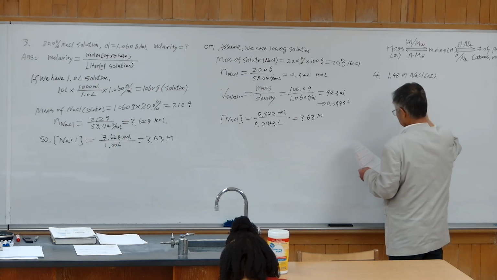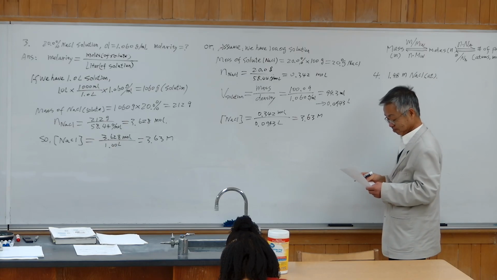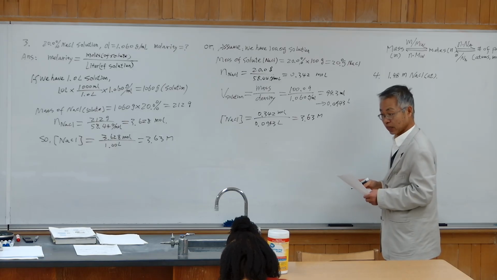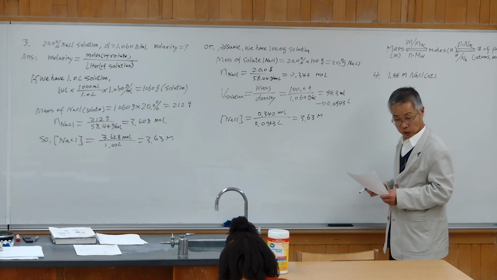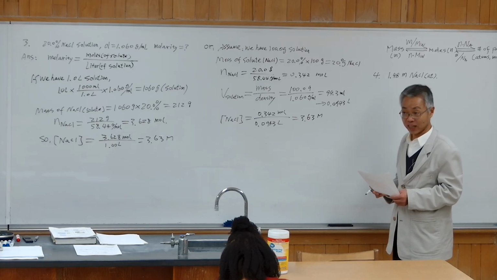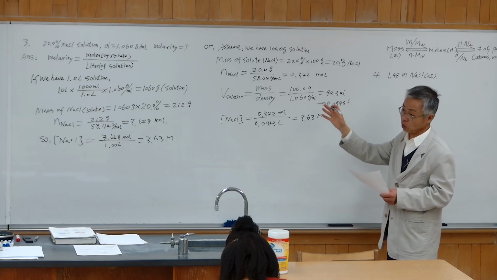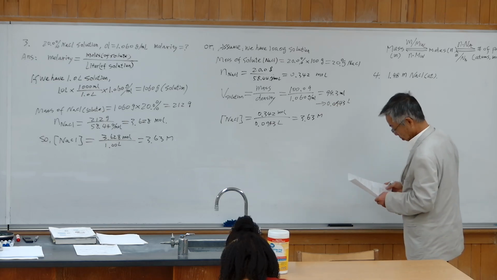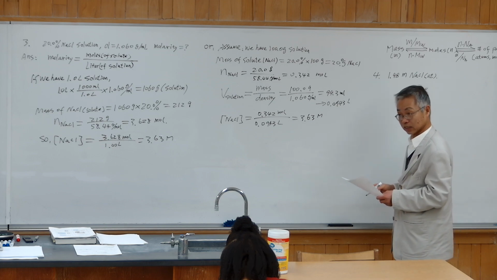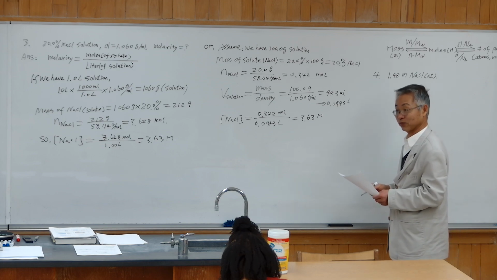For Kf and Kb, the two constants, I provided you a table, so just take a look at that table. For water, Kf is 1.86 and Kb is 0.52.